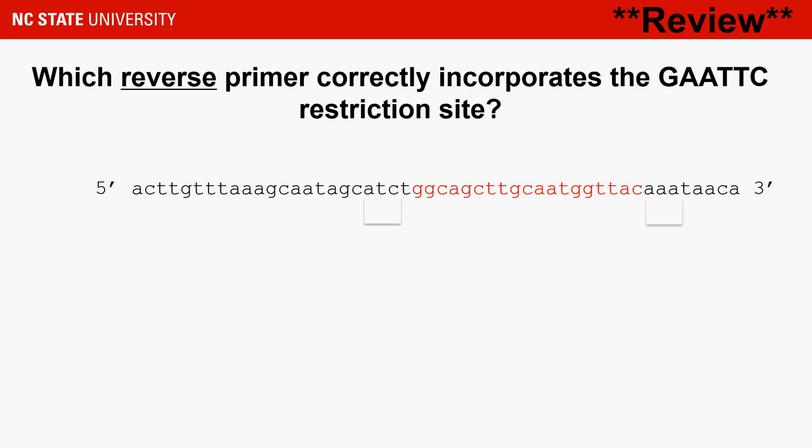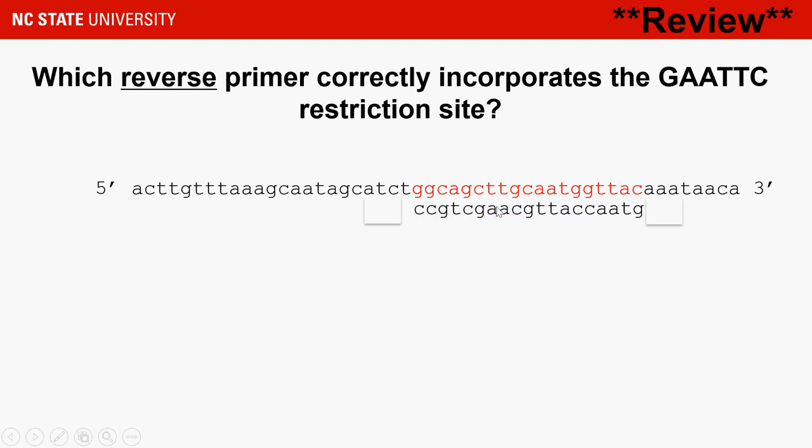Okay, now we have our sense sequence. We want to design our reverse primer. First, where is the reverse primer going to bind? Yes, the reverse primer is going to bind at our sense sequence, and the sequence of the reverse primer is going to be complementary to this sense sequence.